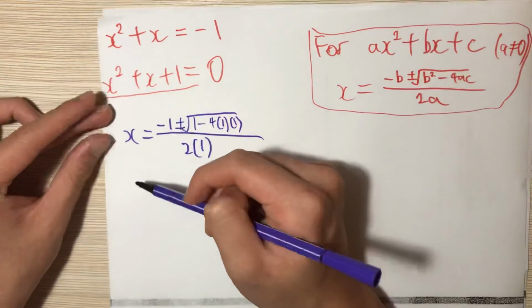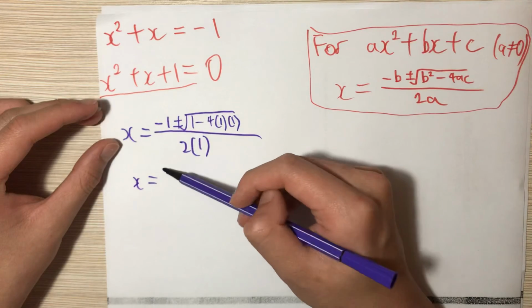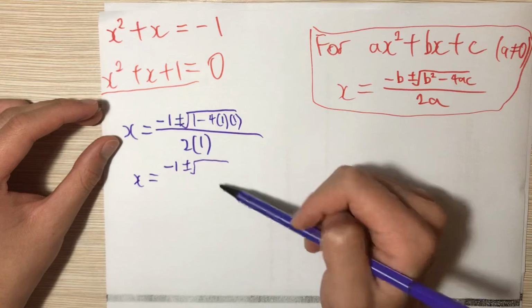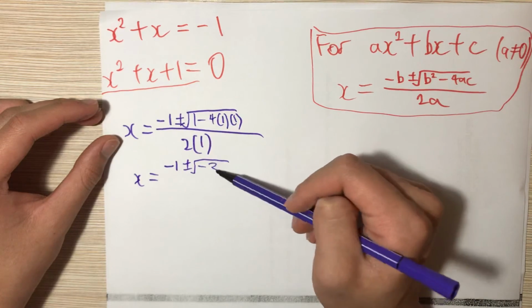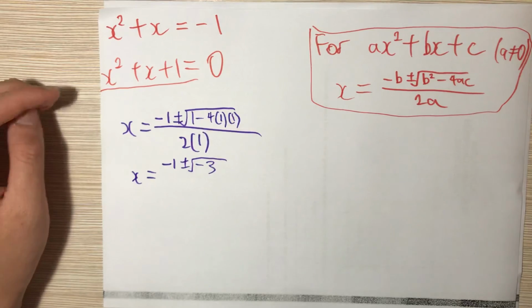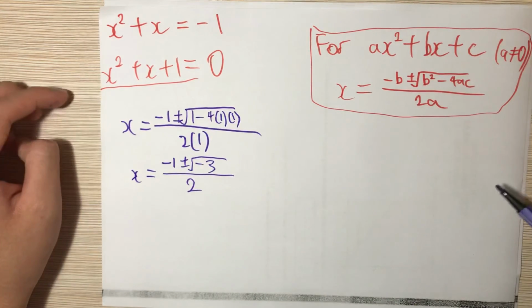Now we will get x is equal to negative 1 plus or minus the square root of negative 3, because 1 minus 4 is negative 3, over 2. Now this is our answer.